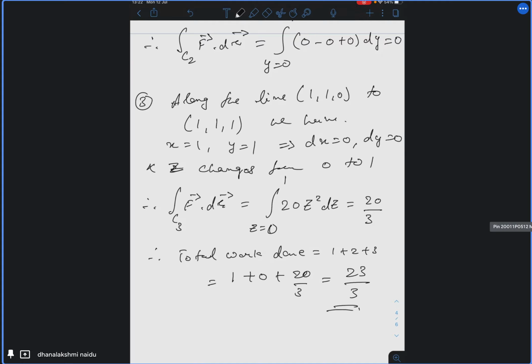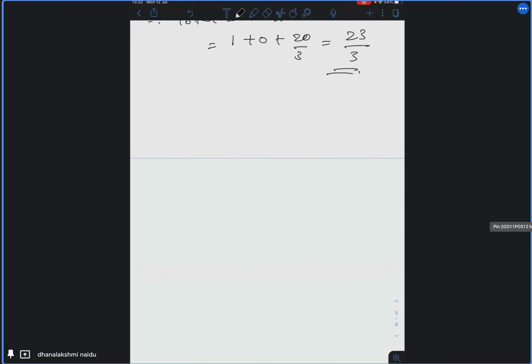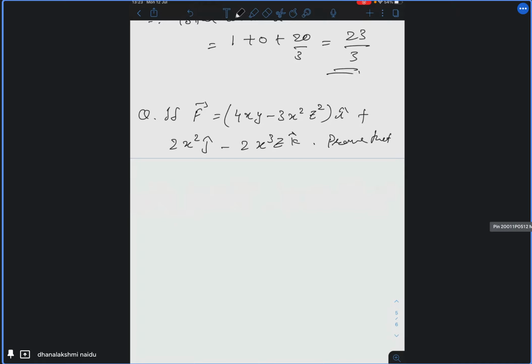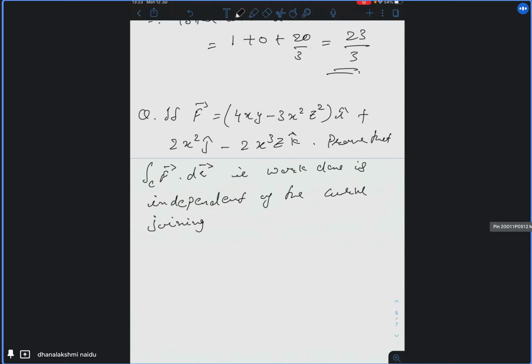Let us solve another problem. If f bar is equal to 4xy minus 3x square z square i plus 2x square j minus 2x cube z k, prove that line integral f bar dot dr bar, that is work done, is independent of the curve joining two points.